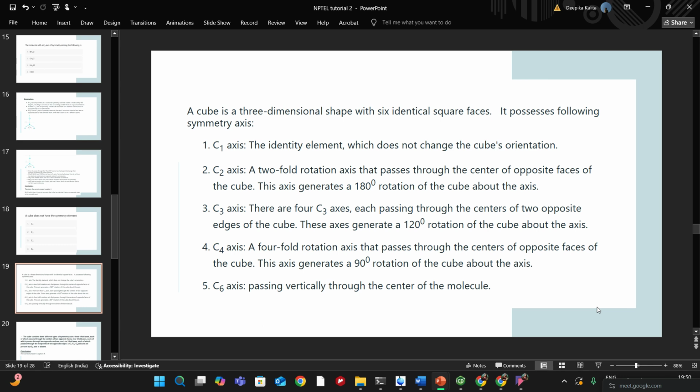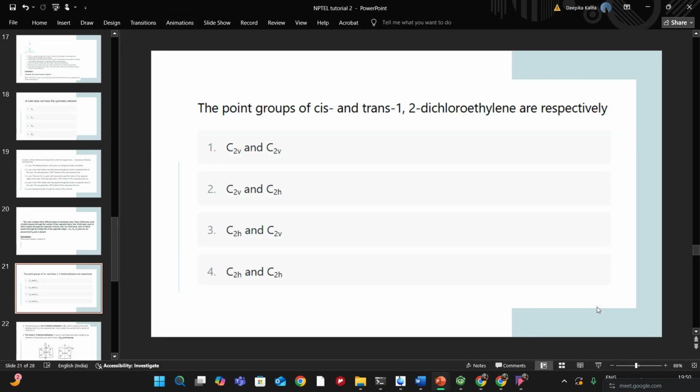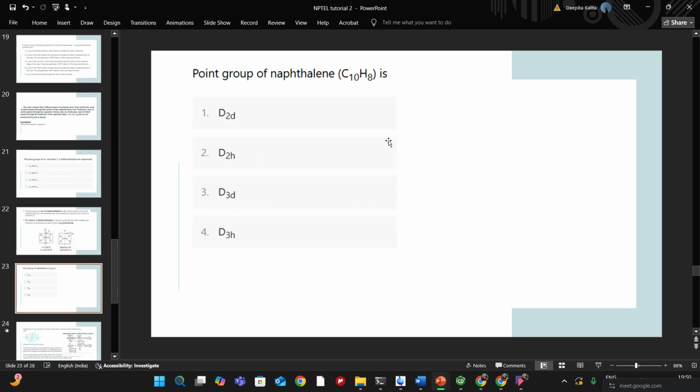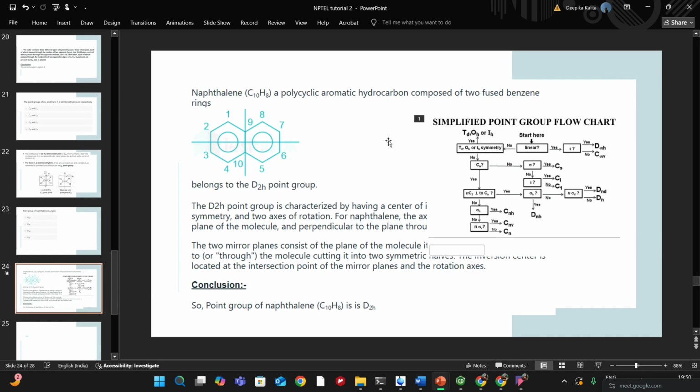Then we also figured out that a cube does not have the symmetry element C6 out of all these four different axes of symmetry. And I have also listed the definitions of the symmetry elements mentioned in the question. And we also discussed the point groups of cis and trans 1,2 dichloroethylene, which came to be C2V and C2H respectively. And then we discussed the point group of naphthalene, which came to be D2H after going through the point group flowchart.